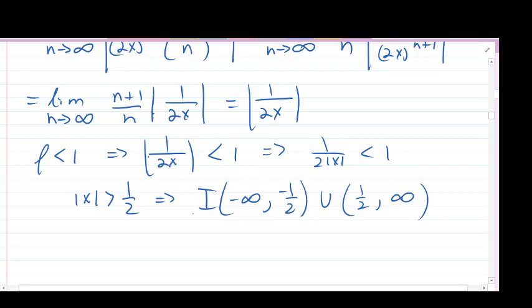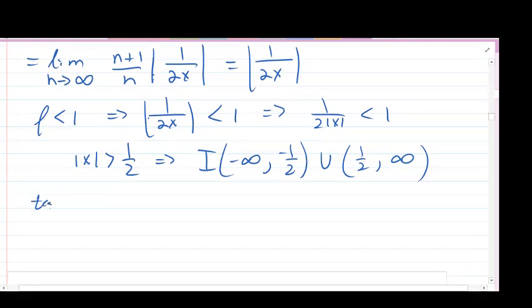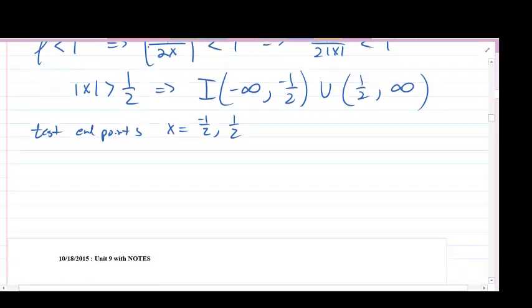Now we need to test rho is equal to 1. That's the minus 1/2 and the 1/2. See if it converges at those endpoints, because those are cases where rho is equal to 1 and the test is inconclusive.